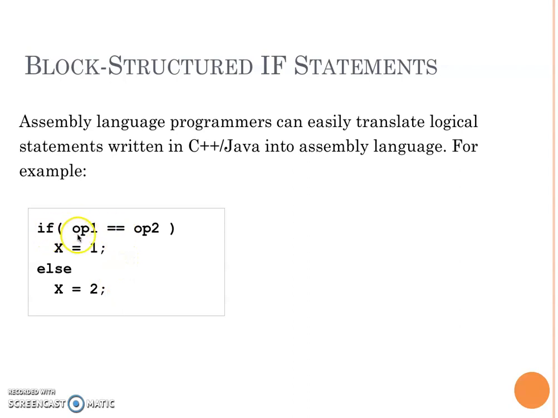Because this if statement checks if the two values are the same, we should use CMP to compare these two values. If they are equal, we use JE to jump to set x equal to 1. Or we can do the JNE, we can do it this way, right?